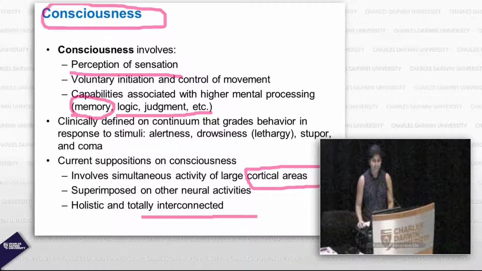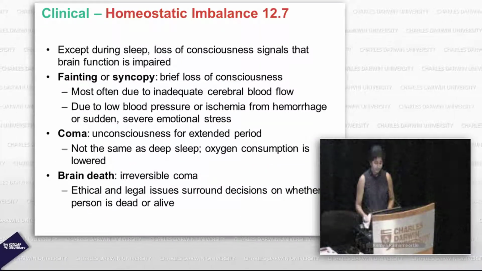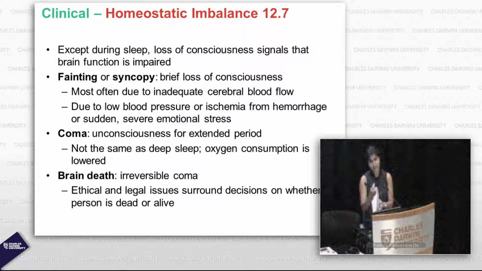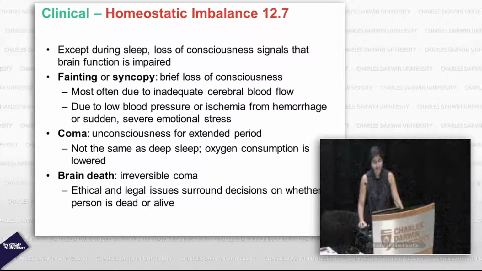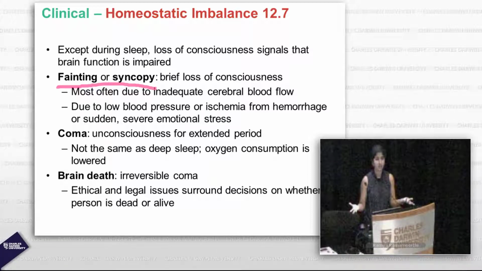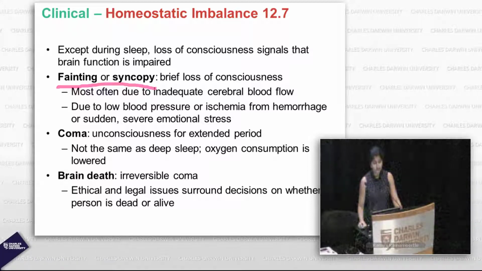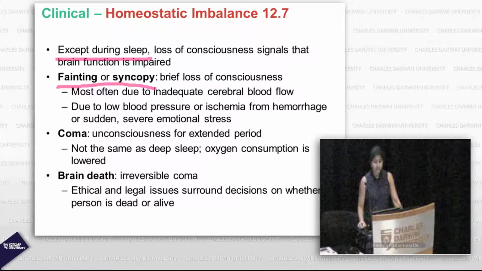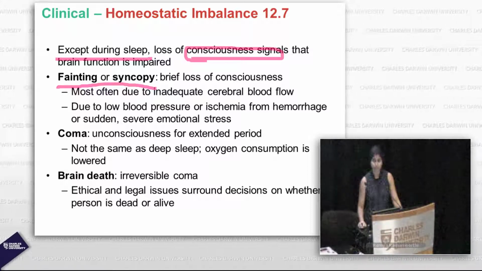So if there is a problem with consciousness, we can enter into different disease conditions or imbalance conditions. It is expected that, except during sleep, consciousness signals should normally be present in your brain. The first one is fainting.